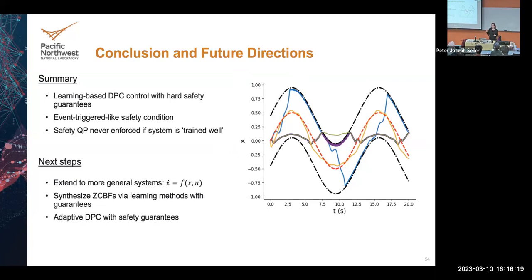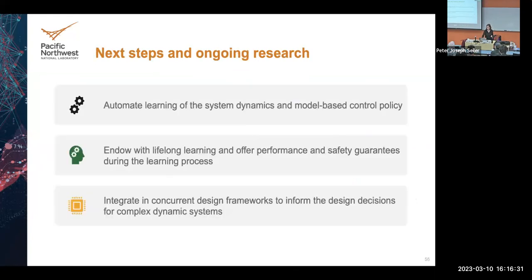Now that we are convinced that there is a way to ensure constraint satisfaction and safety guarantees, then we can start looking at ways in which we can learn online from real-time measured data. So this would be our next steps, right? We automate the learning process for the system model and the control policy. We want to look at adaptive approaches where these systems can learn from real-time measured data.